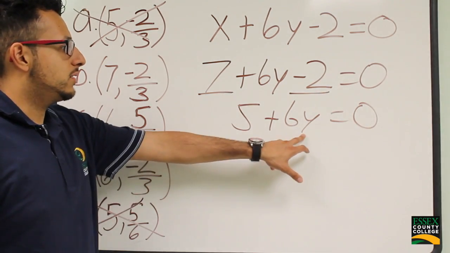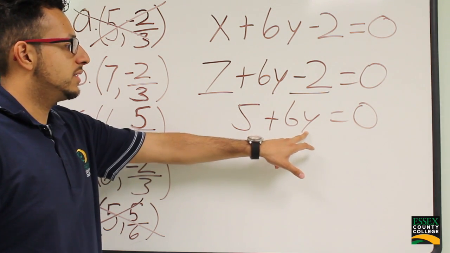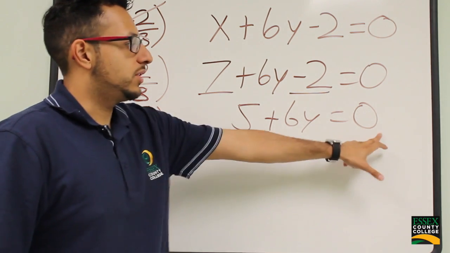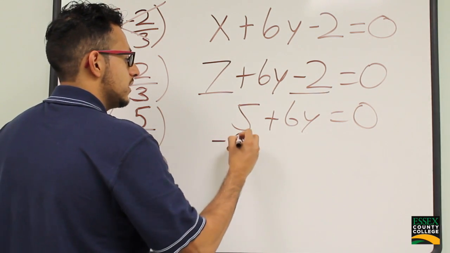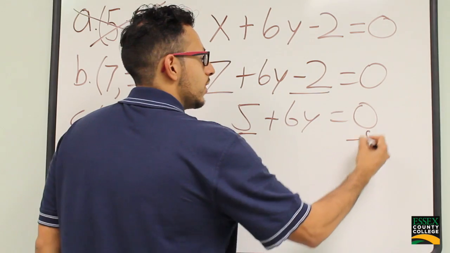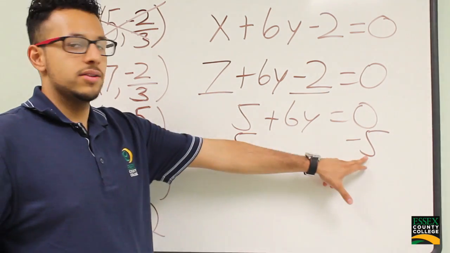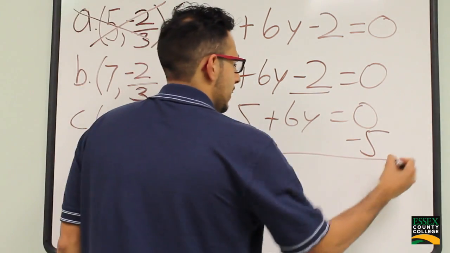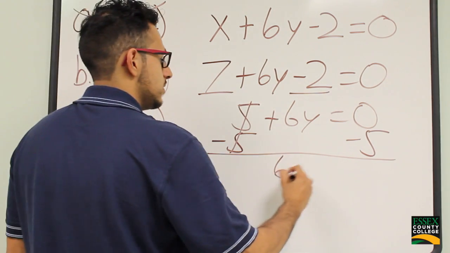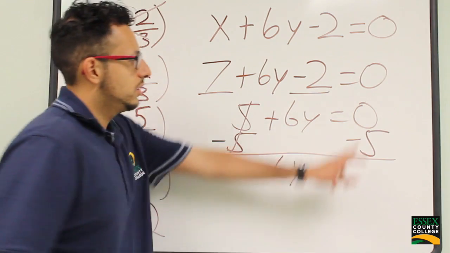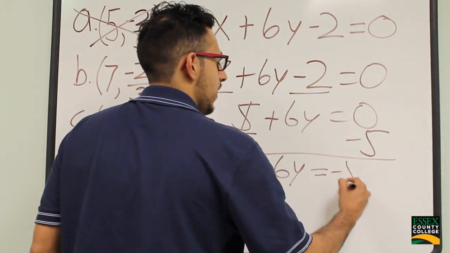Now I need to isolate 6y by itself. So I have to bring this 5 over to this side. Since this is positive, I have to do the opposite, which is minus 5. Whatever I do on one side, I have to do on the other side. So 5 minus 5 cancels out. I'm left with 6y is equal to 0 minus 5 is negative 5.